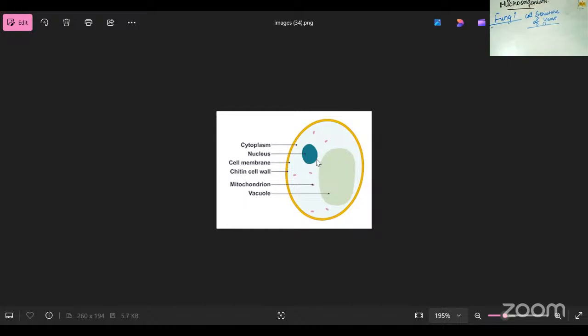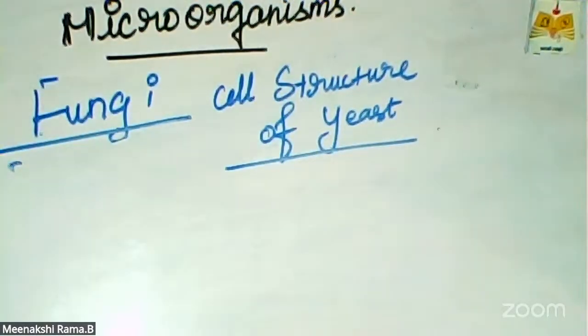So yeast aids fermentation with the help of the enzyme zymase. It respires anaerobically and reproduces by budding. Okay, anaerobic respiration is possible in yeast. So this is the structure of yeast.